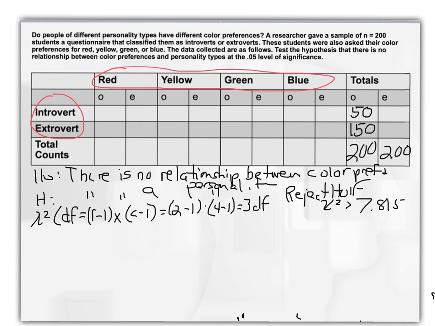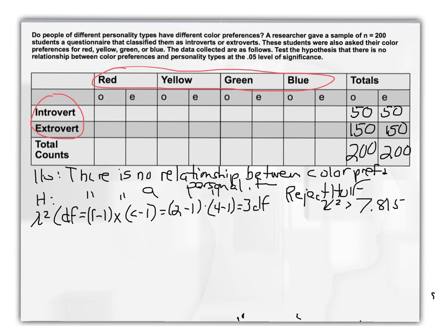Our expected frequencies, remember, are always and observed should be the same. And the breakdown, I'll give you the observed frequencies of color preferences for the different personality types of the following.